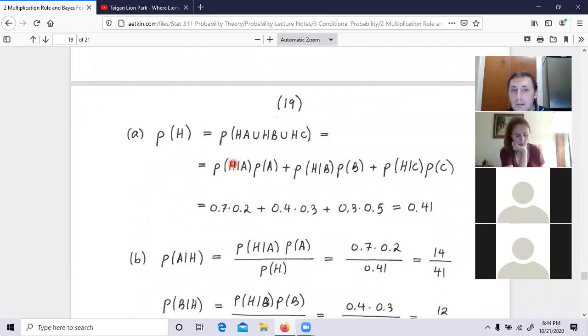The probability is simply 0.7 times 0.2 plus 0.4 times 0.3 plus 0.3 times 0.5, right? You understand how you do it, right? If you think about it, you can actually do it even in your head, right?